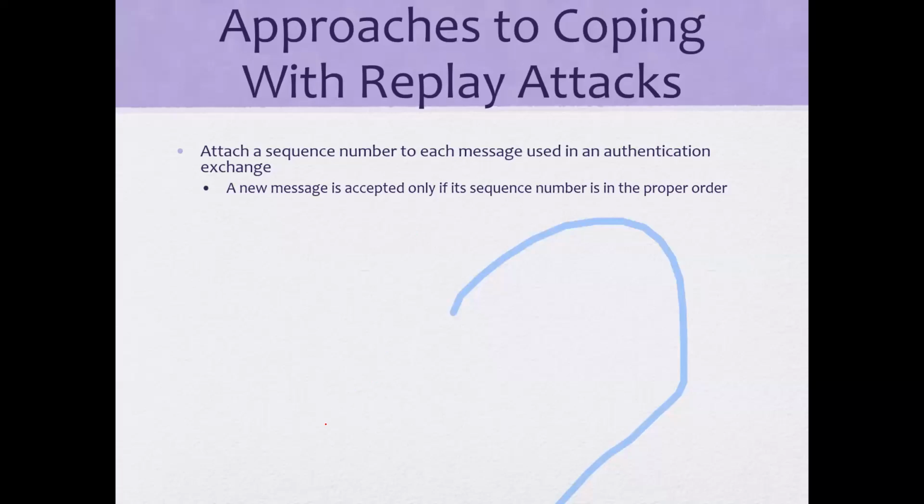Based on the sequence, the message is communicated from one to another. So when we give sequence numbers to each and everyone, the message is accepted only with the sequence number, and the message is transmitted in a sequential manner.